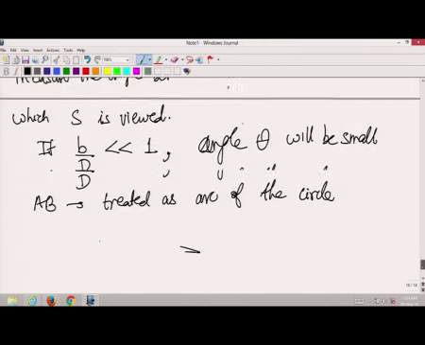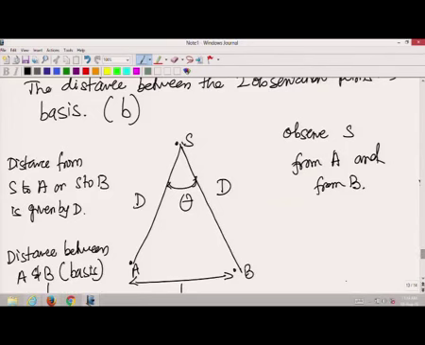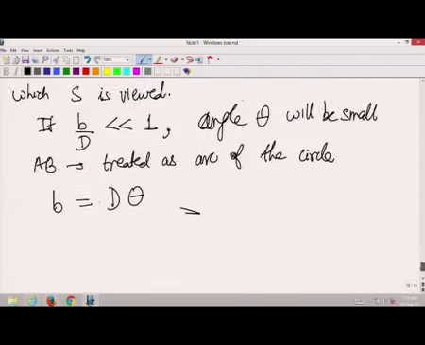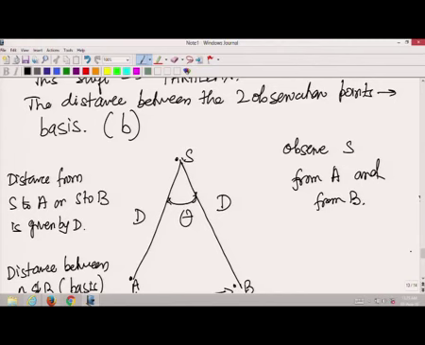So, the distance B will be equal to D times theta, where the angle theta is measured in radians. Therefore, the distance D will be given by B divided by theta. So, we know the distance between the two observation points and we know this angle, and so the distance from the observation point to the location of S can be measured.